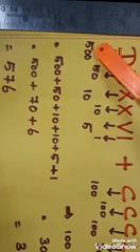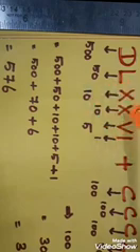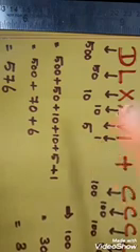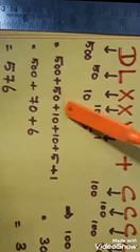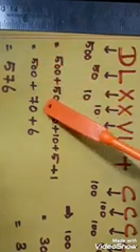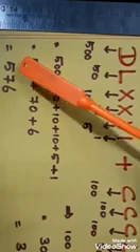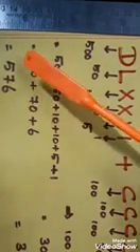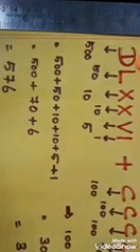Value for D is 500, L 50, X 10, X 10, V 5, I 1. 500 plus 50 plus 10 plus 10 plus 5 plus 1 gives 500 plus 70 plus 6. Adding together we will get 576. So 576 is the value for the given Roman numeral.